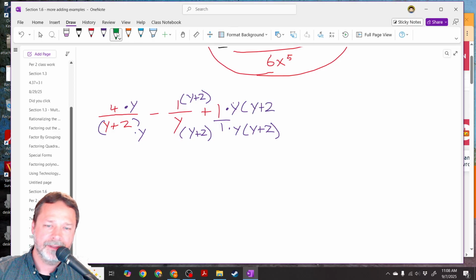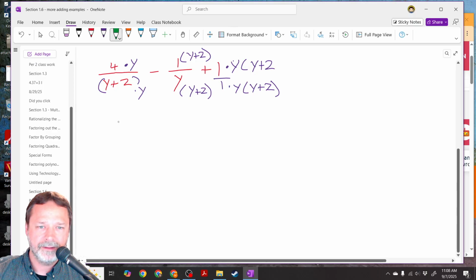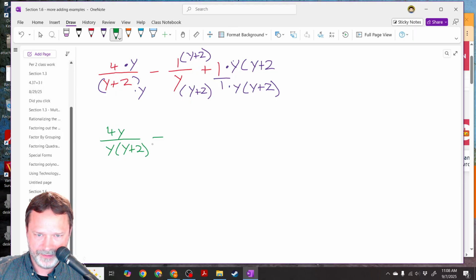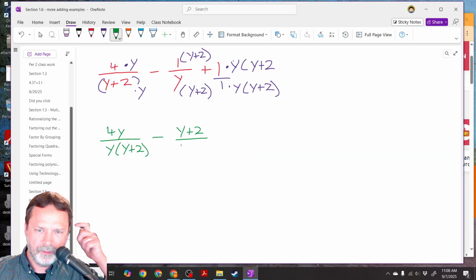And then we just need to multiply the numerators and rewrite our rational expression. So we got 4 times y over, I like to put the y in front, y times y plus 2, minus, and I forgot to distribute my minus in, so we'll be careful here, 1 times y plus 2. So I got y plus 2 over y times y plus 2.